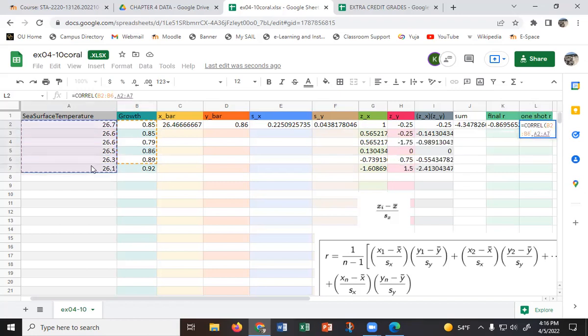And then column X. Oh, my bad. Let's say B2 to B7. There you go. They're pretty close, right? They're pretty close. So you do it by hand.